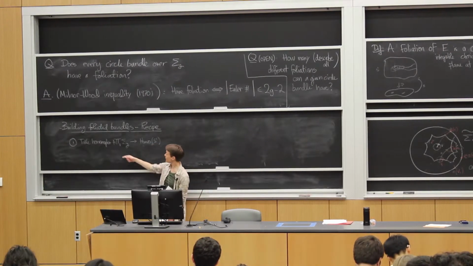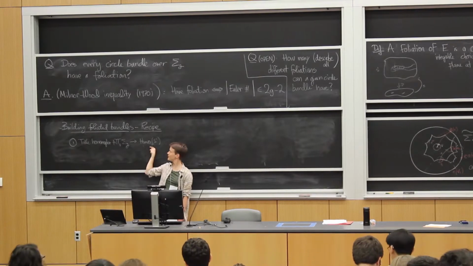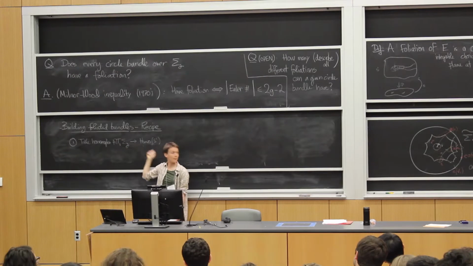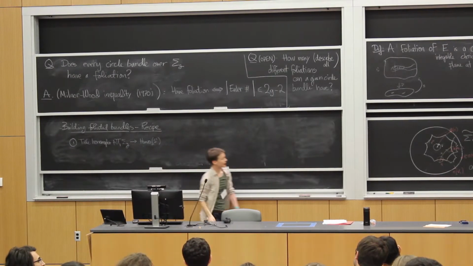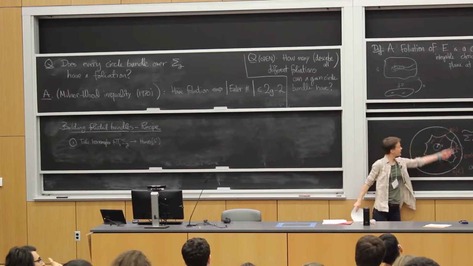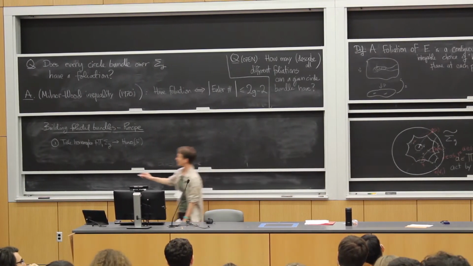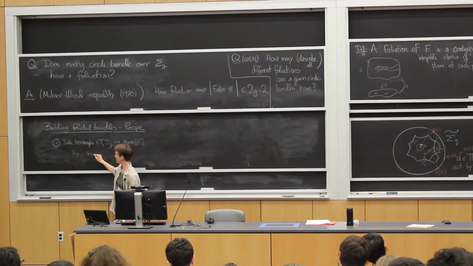So for example, I could take the trivial homomorphism where everything goes to the identity. Or I could take the action of the fundamental group on the edge of hyperbolic space, coming from some hyperbolic structure.